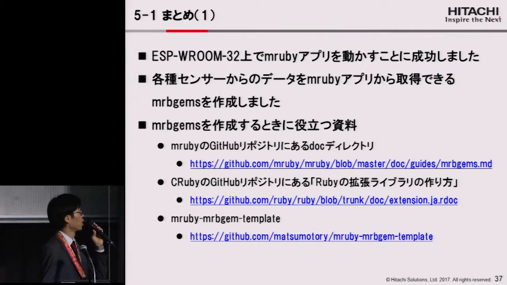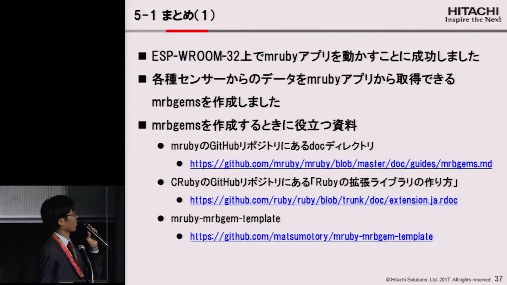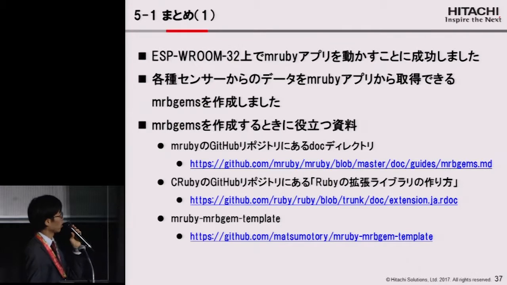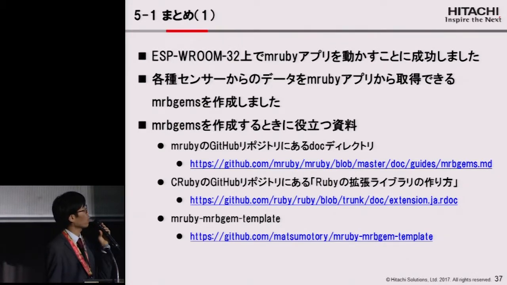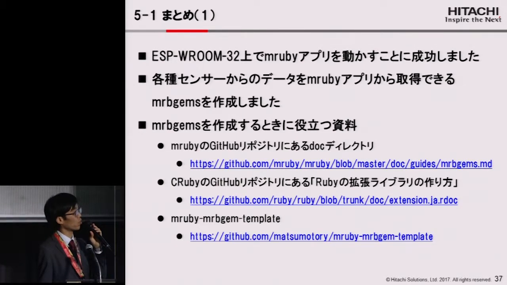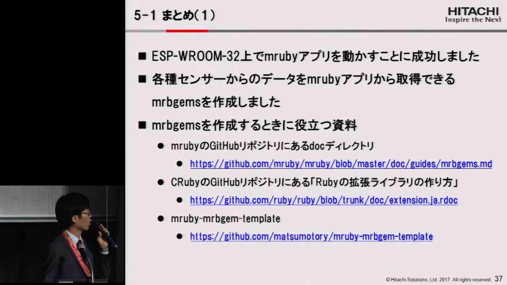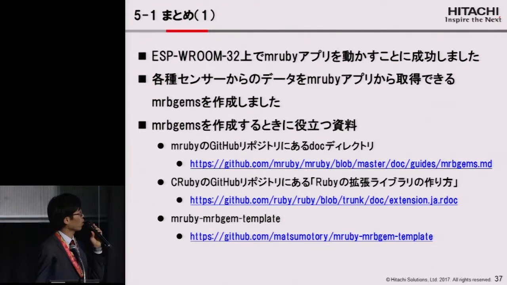I didn't have time to share the details, but when you want to create mruby gems, I did a lot of research and found some effective pointers. The doc directory in the mruby GitHub repository, and also how to do the C API application.